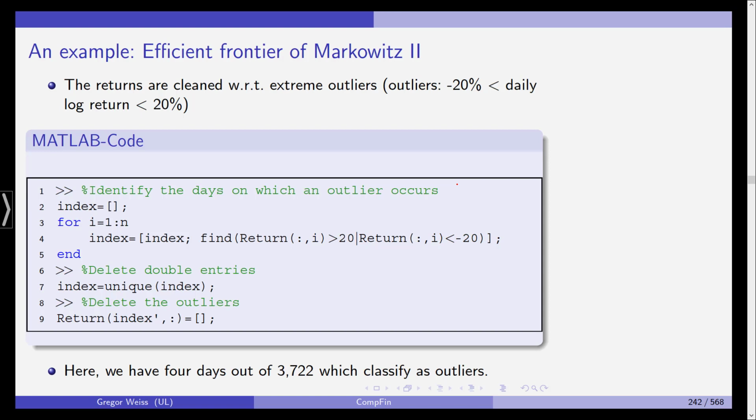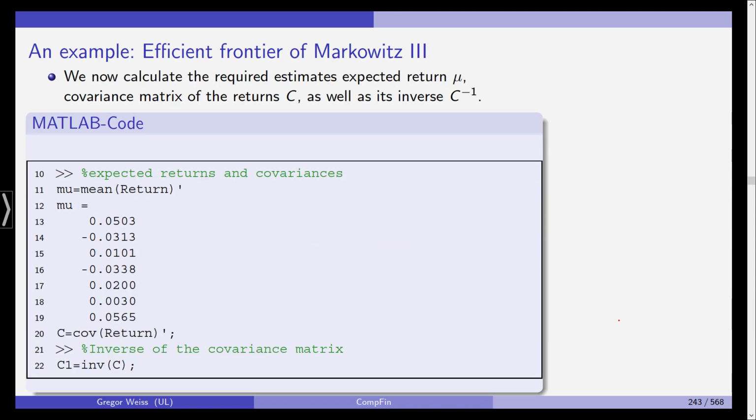We could have left this in, and we don't need to do this, but to give you a better understanding of the optimization, we've cleaned and thrown out those outliers. So you can do this here in Matlab. And at the end, we have 4 days out of 3,722 which were classified as outliers.